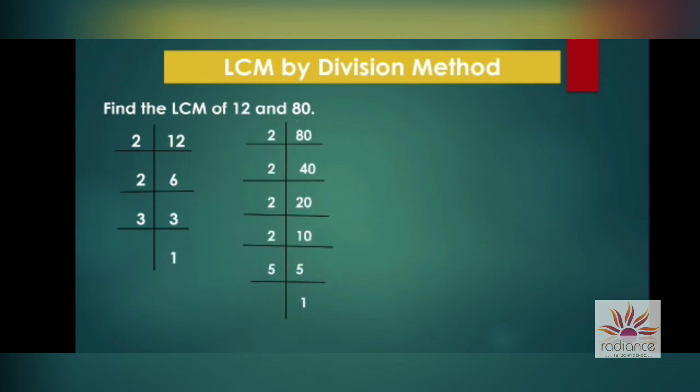Next, we need to divide the number 80, and for that if we divide 80 by 2 we get 40 as a quotient. We divide 40 by 2 and we get 20 as a quotient. If we divide 20 by 2 we get 10, and if we divide 10 by 2 we get 5, and if we divide 5 by 5 we get quotient 1.